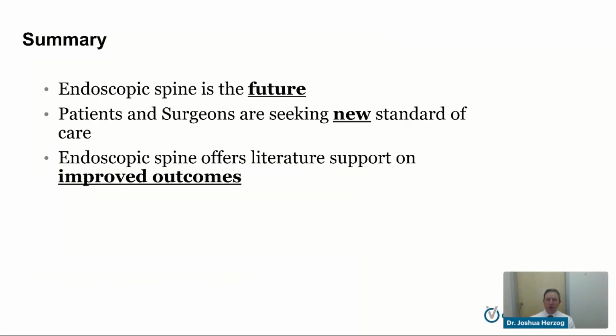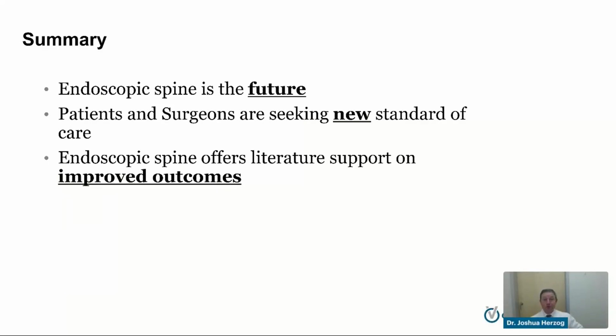And so, in summary, I think the endoscopic spine, again, does two different things for us. I think that it's taking some of the same procedures that we've always done in spine and making the incision smaller, and therefore decreasing the infection rate, accelerating the recovery and healing.